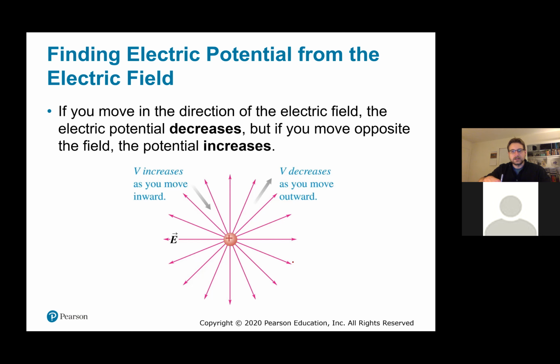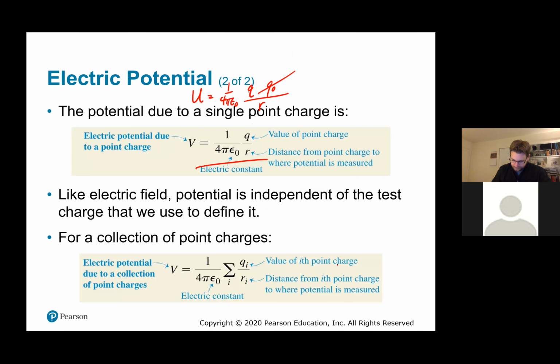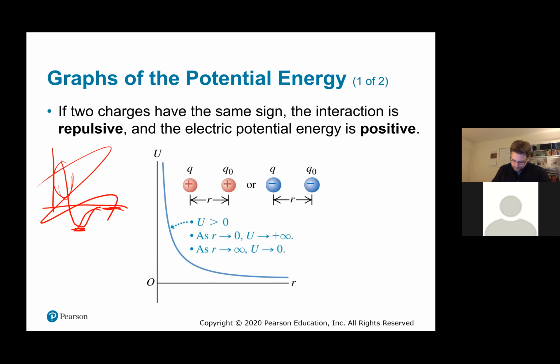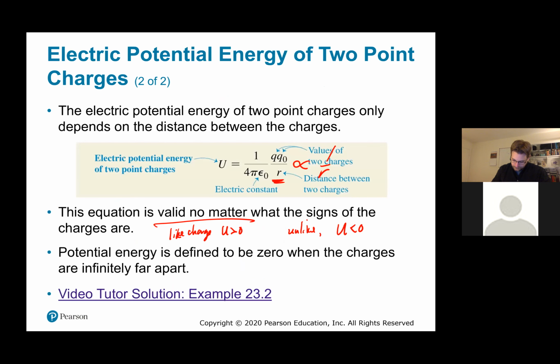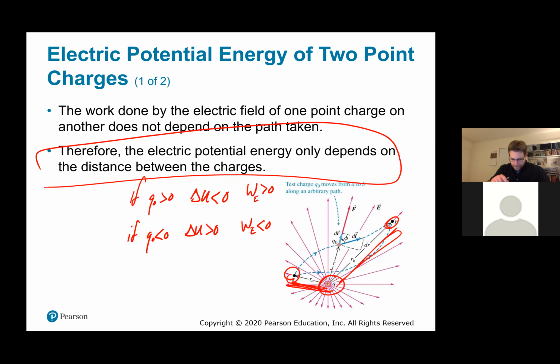How is this slide a thing? Isn't there a second case when the charge is negative? Hold on, let me go back. It depends, right? Which two charges are we talking about? If the test charge is negative, then the change in potential energy is positive.